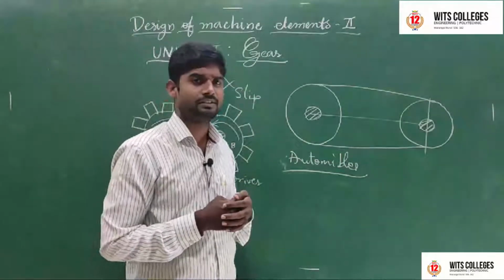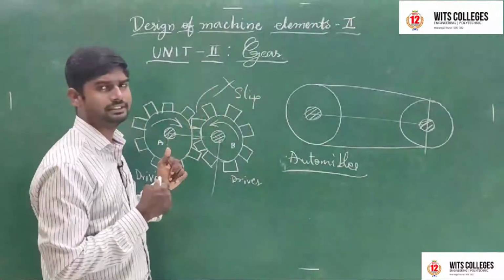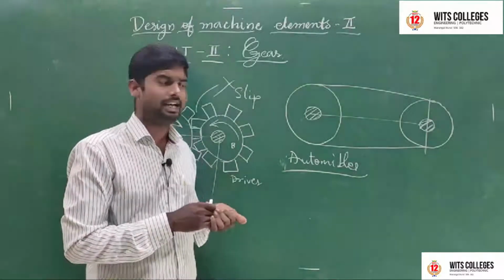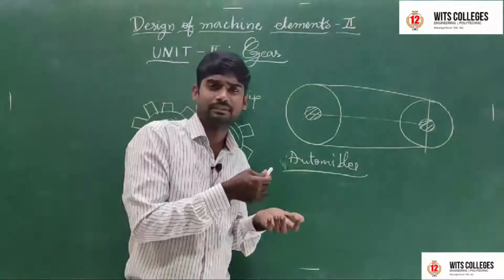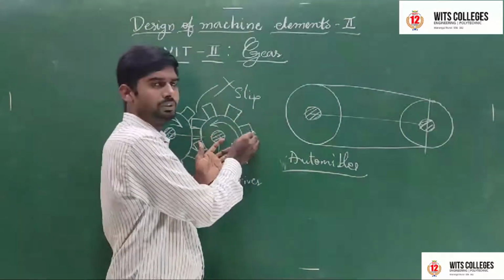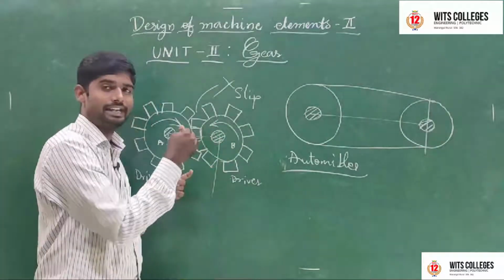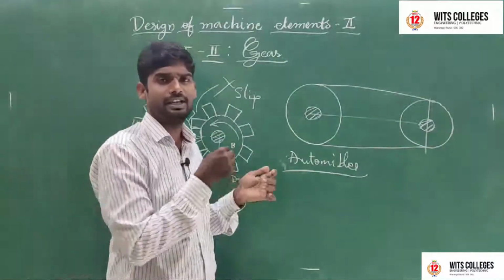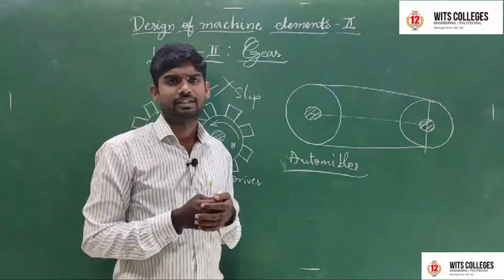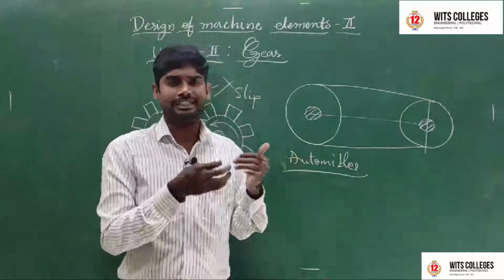In gears there is standard nomenclature and standard specifications, such as the distance between two teeth, the diameter of the gear, inner diameter and outer diameter. Using these specifications we design the gear.